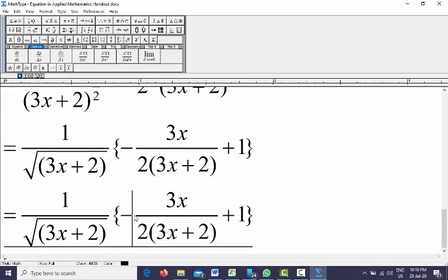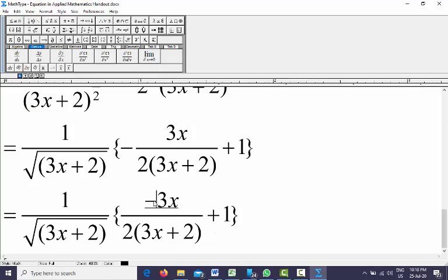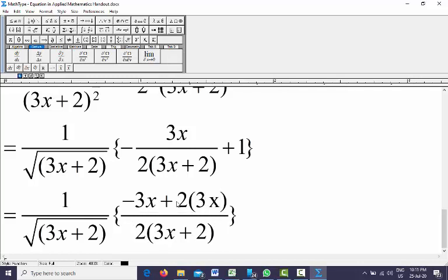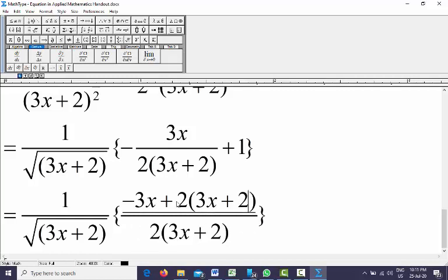So here what we will get is minus 3x, because of the minus we are carrying here. This one will get multiplied by this one if you take the LCM. Here we will have plus 2 into 3x plus 2, so minus 3x plus 2 into 3x plus 2, 2 into 3x plus 2.